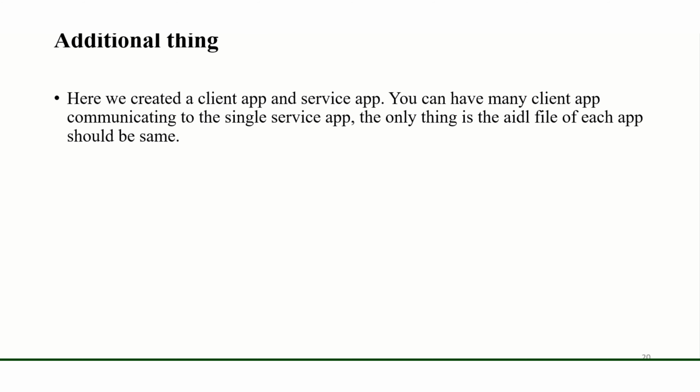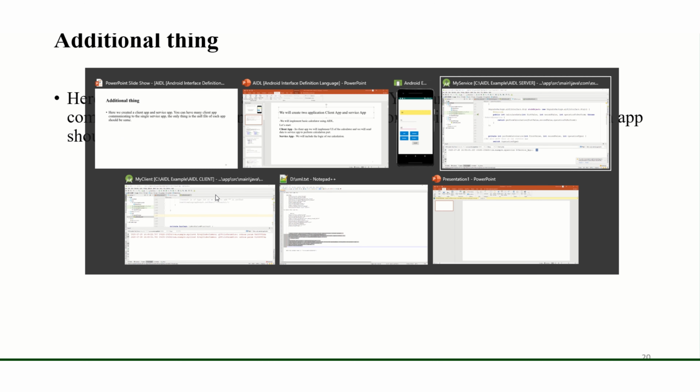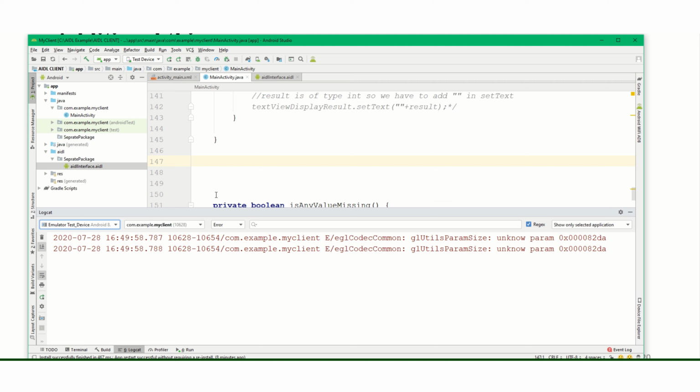An additional thing, and this is also very important. Here we have created a client app and a service app. You can create many client apps that can communicate with a single service app. The only thing is the AIDL file of each app should be the same. Now we have created one application, the client app. You can create two or three applications, my client 1, my client 2.